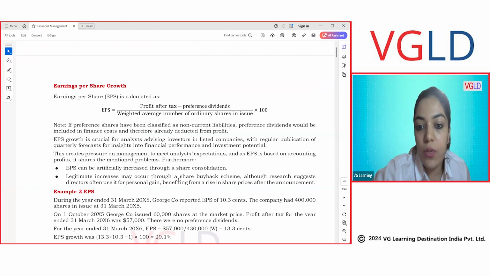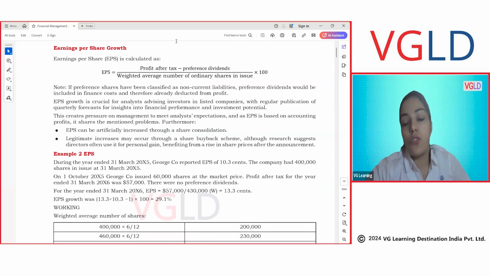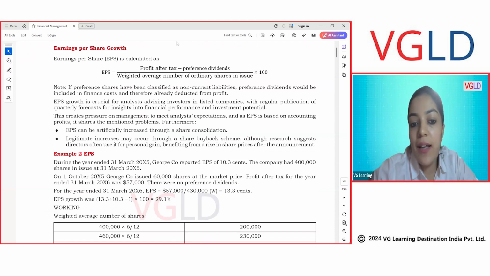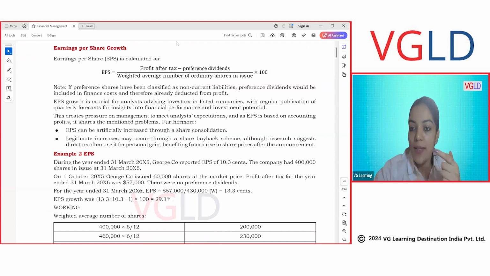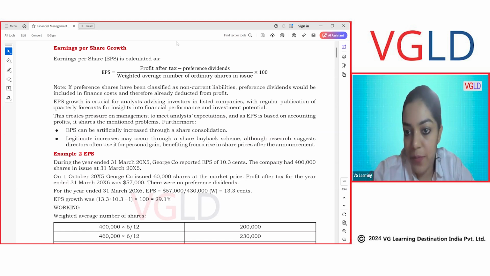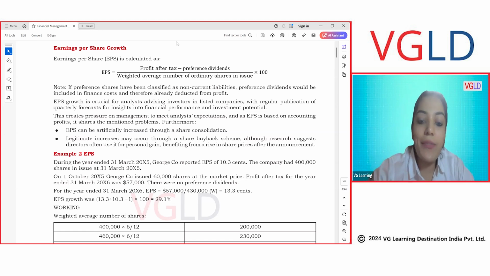Why will shareholders agree to a share consolidation? Share consolidation doesn't affect the shareholders actually. If you think about it, it is just changing the nominal value of the share. Earlier they were holding 1 lakh shares of $10 nominal value.